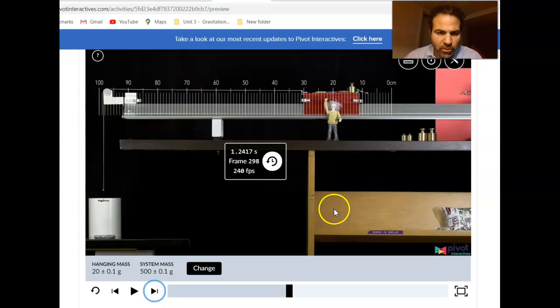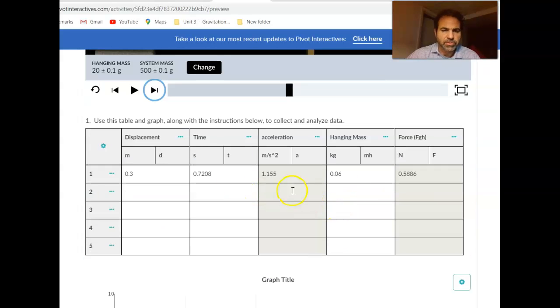And 1.2417. So this is 0.3, that's 30 centimeters, 1.2417 seconds. Acceleration gets calculated automatically. The hanging mass was 0.02, so my hanging force was 0.196.